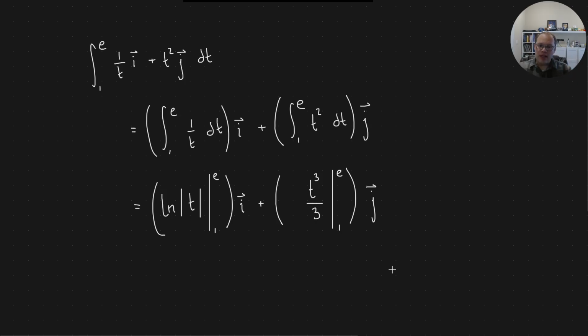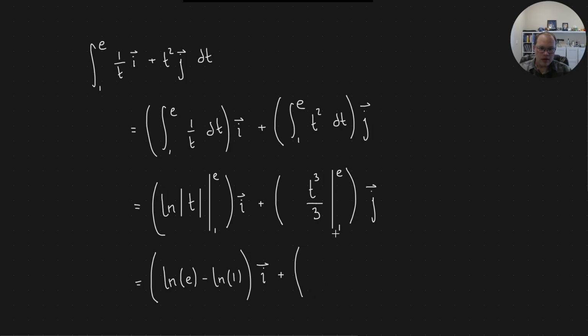Now all I have to do is plug in the limits of integration. In this case, 1 and e are both positive, so when I plug them in, I can drop the absolute value. So I'm going to get natural log of e minus natural log of 1. That's the first component of my vector.